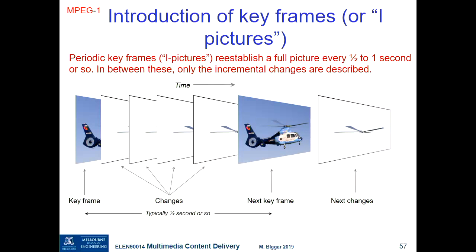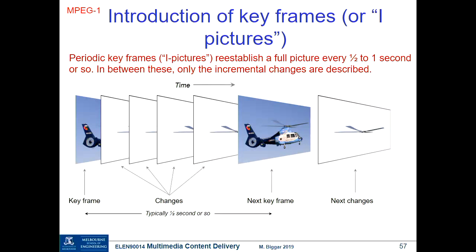And that's the primary reason for the introduction of what we might call keyframes, or what was called in MPEG I pictures, I for intra pictures. We've talked about interframe coding and motion compensated coding, right? And that's what we do in between these keyframes.